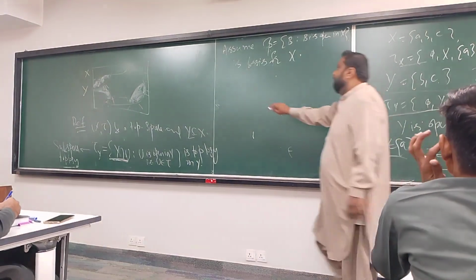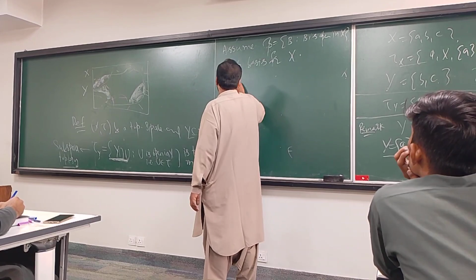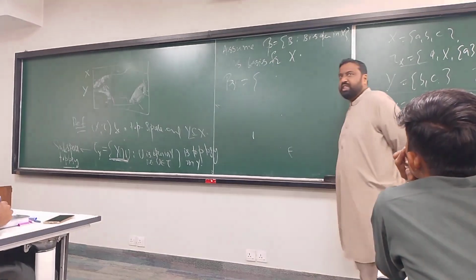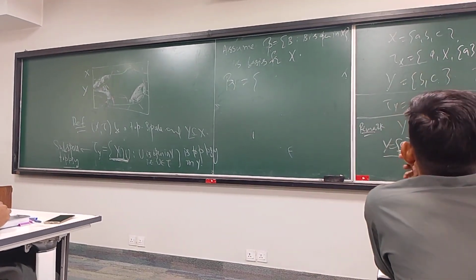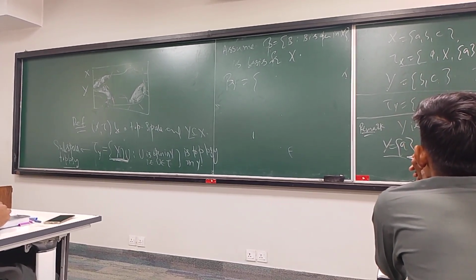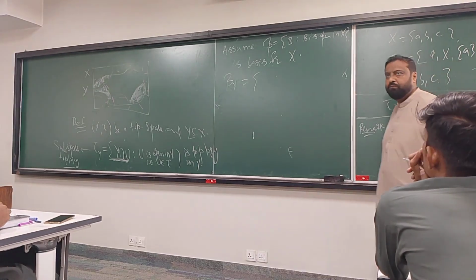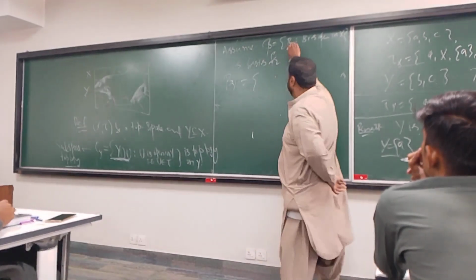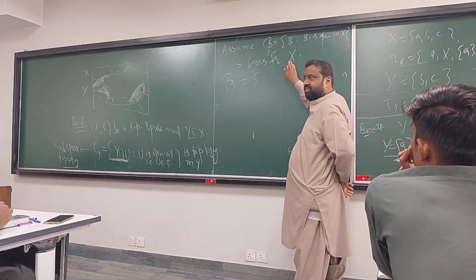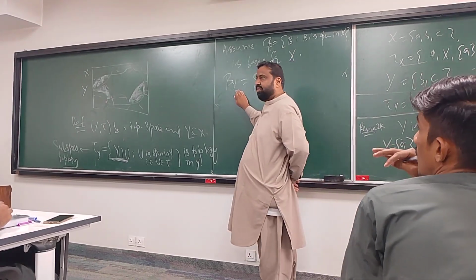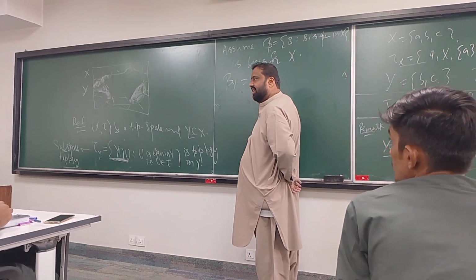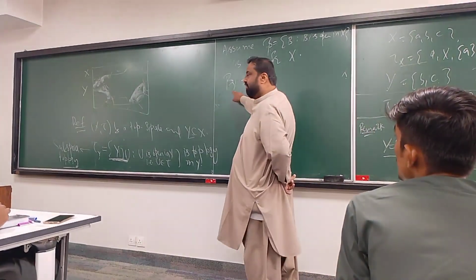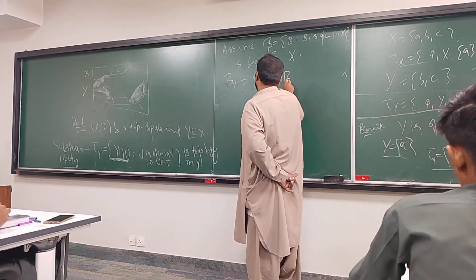Now, can you give me a basis for Y using this? If I ask you, what is your guess for the basis for Y? Come on, that's not difficult. So this is a basis for X. Okay. So I need the basis of y intersection B. So the basis for Y should be y intersection B.